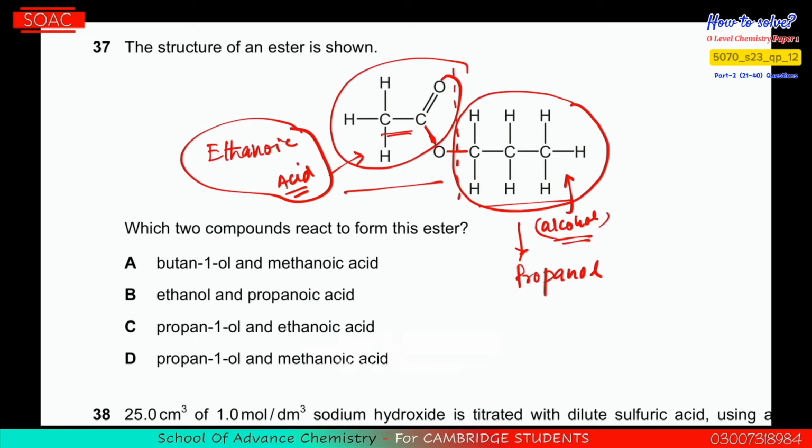Propanol and ethanoic acid, as OH is written over here. So C is the correct option.